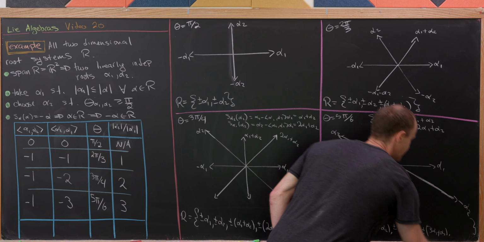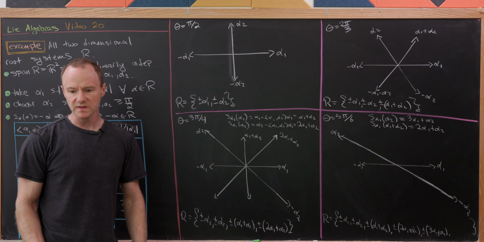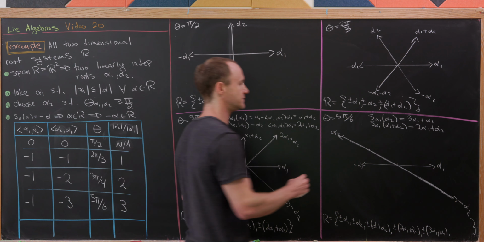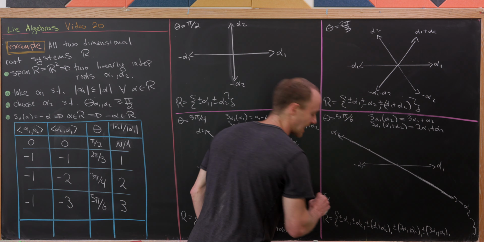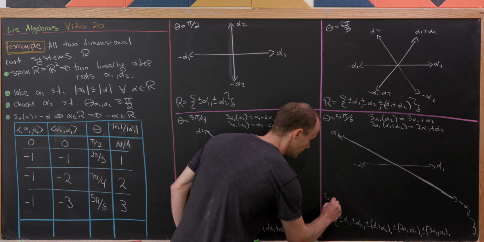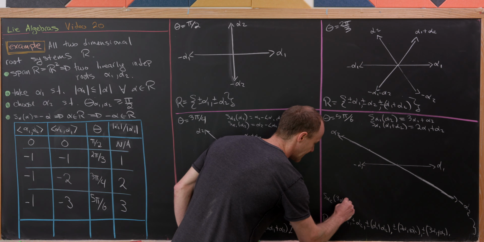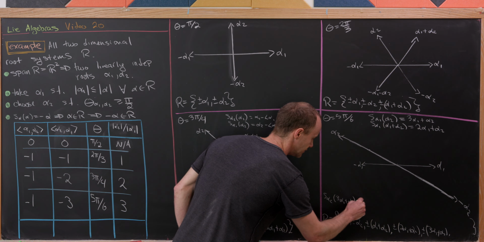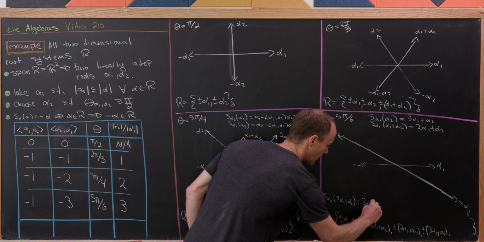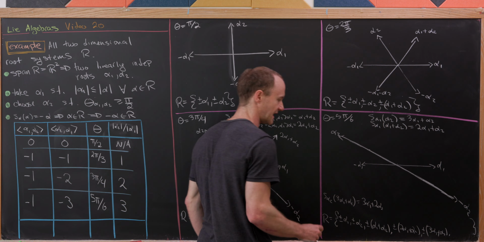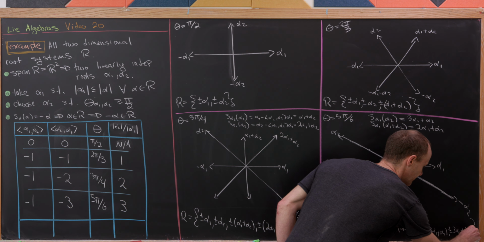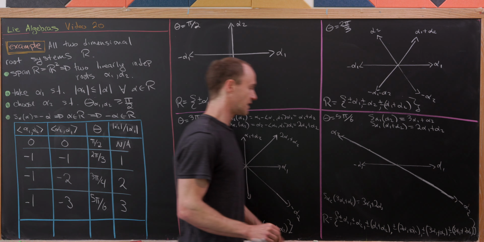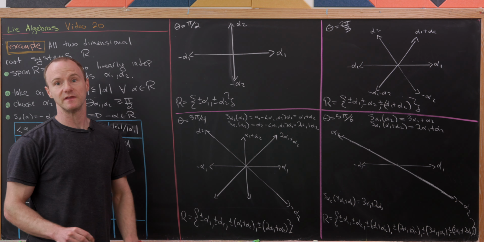And then there's actually going to be one more, and we get that from doing S alpha 2 applied to 3 alpha 1 plus alpha 2. And you end up with 3 alpha 1 plus 2 alpha 2. And that's going to be our last root. So plus minus 3 alpha 1 plus 2 alpha 2. Okay, so that's our complete root system in this case.